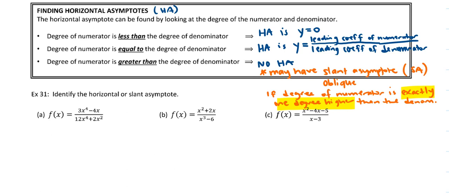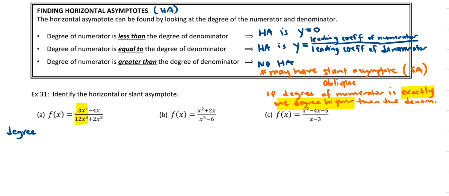So in this particular example, we have A, B, and C. We're identifying the horizontal or slant asymptote. I always start off by asking myself, do we have horizontal asymptotes at all? So look at part A. We're looking at the degree of the numerator over the degree of the denominator. They're all in descending order, but you're looking at the leading terms to help you out.